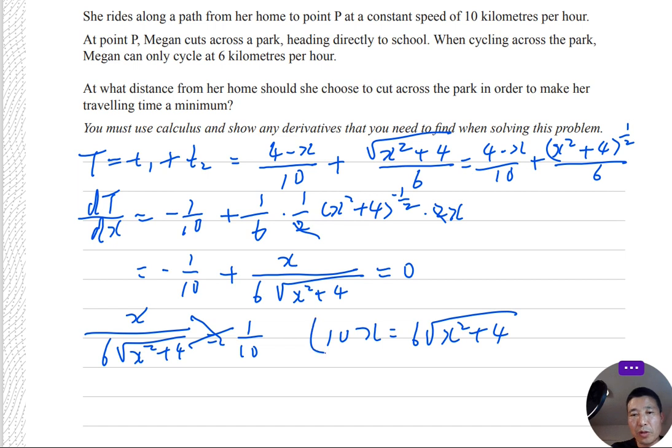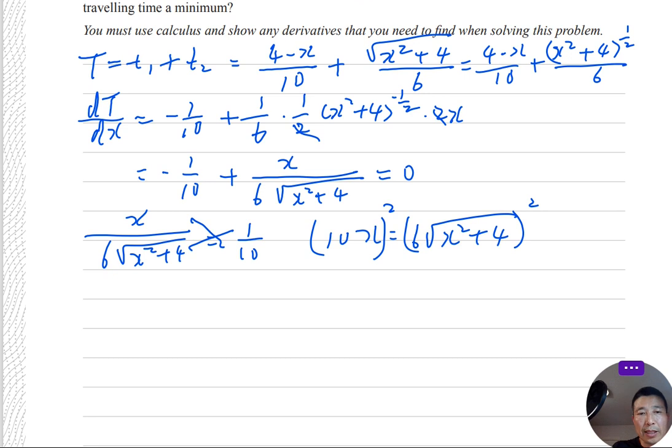Because there is a square root, we have to square both sides. That leads me to 100x squared equals 6 squared, which is 36, times x squared plus 4, right? Then we expand and rearrange it.